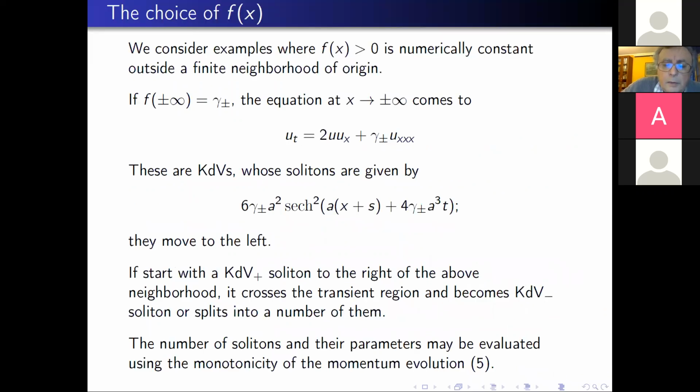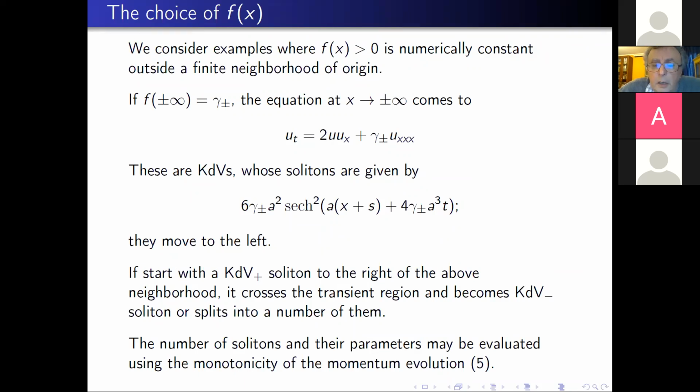The examples given below are of a special function f of x. It is numerically constant outside a finite neighborhood of origin.